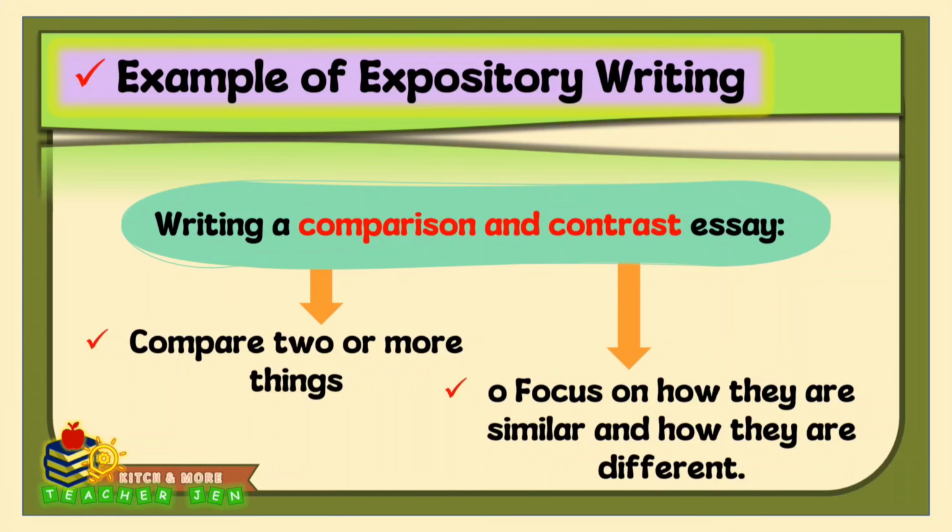You would discuss how they are similar, such as both being traditional Filipino games that require teamwork and physical activity, and how they are different, like the rules, the number of players, and the equipment used in each game. This helps the reader understand both the similarities and differences between the subjects you're writing about.